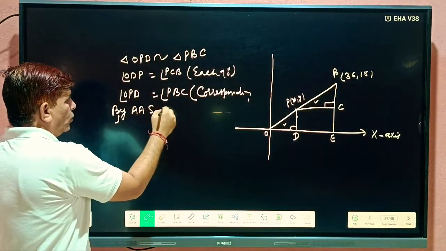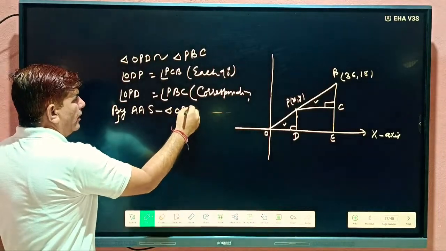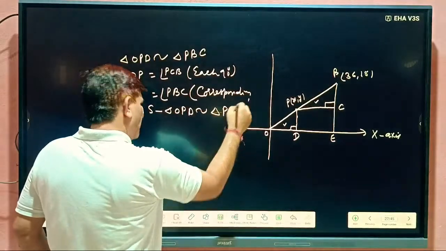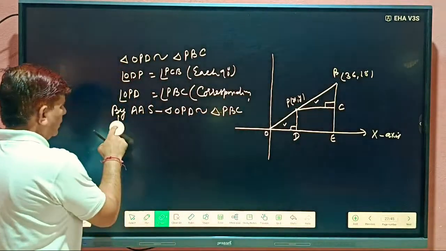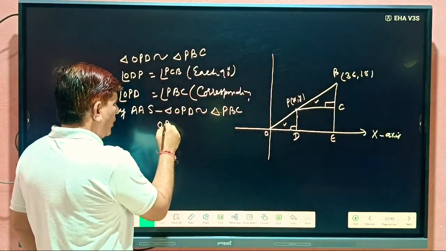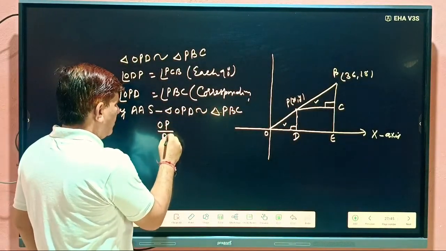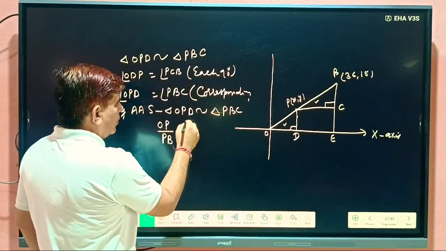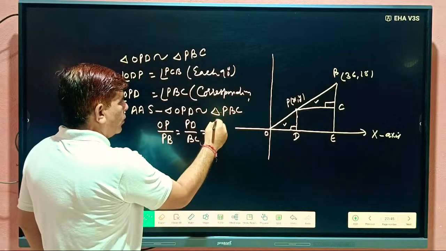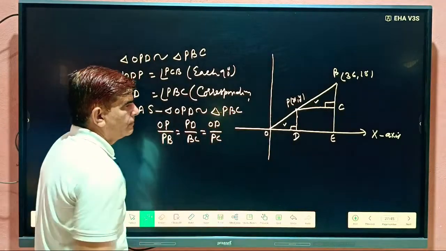By the angle similarity rule, triangle OPD is similar to triangle PBC. And what's its meaning? Its meaning is this: OP by PB is equal to PD by BC equal to OD by PC.